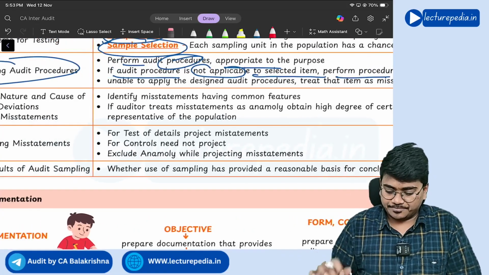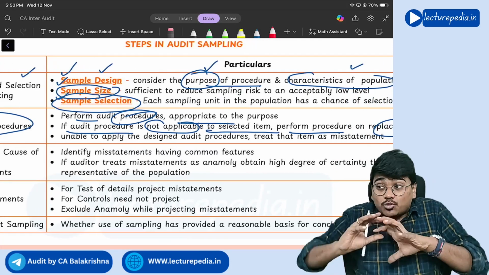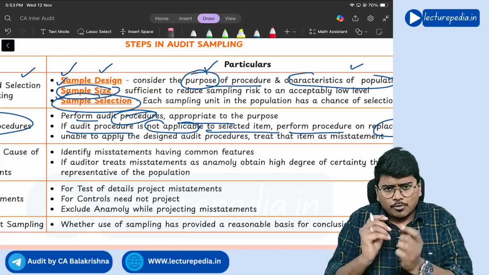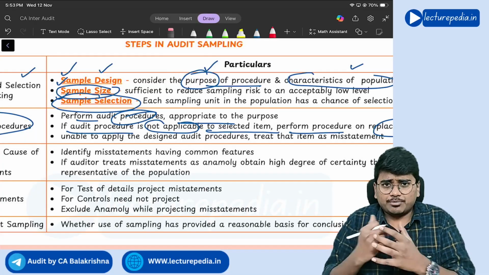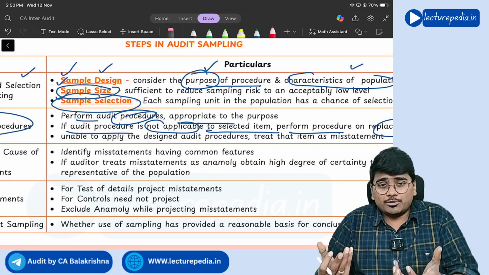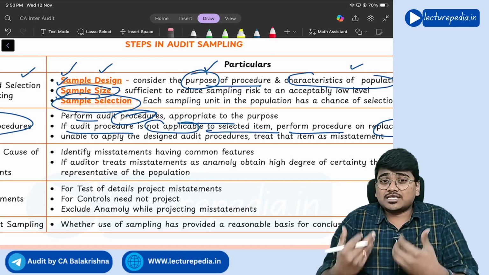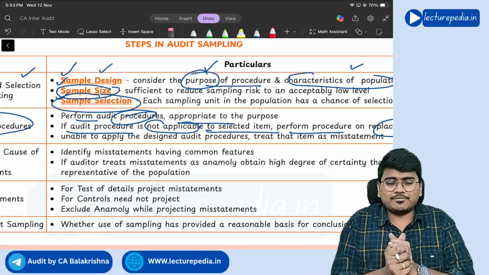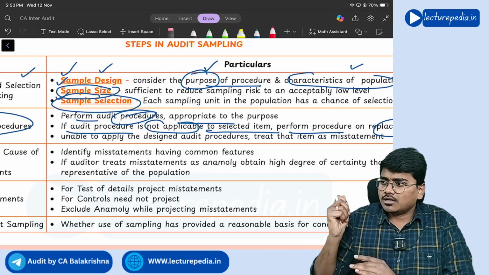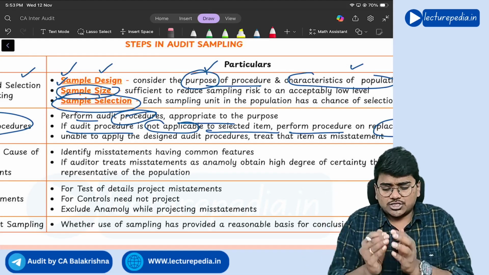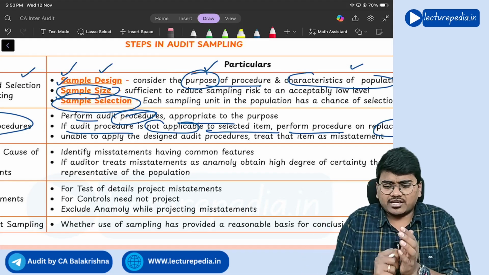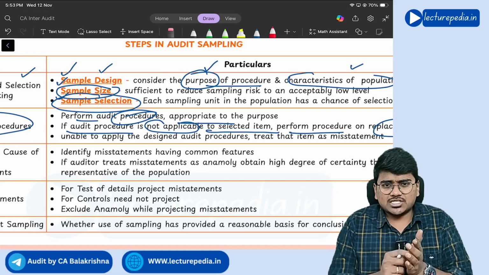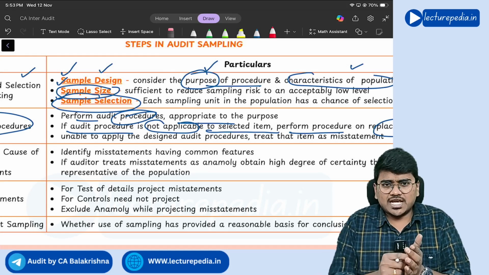Clear? Yes. Next, if you are unable to perform the procedure: for the selected item, the procedure is applicable, but you are not able to perform it on the selected item. In such a situation, you have to treat it as a misstatement. Understanding? Yes. Let's say, for example, debtors. 100 debtors you have selected into the sample and you are sending external confirmation. There is one particular debtor whose address management has not given, whose details management has not given.